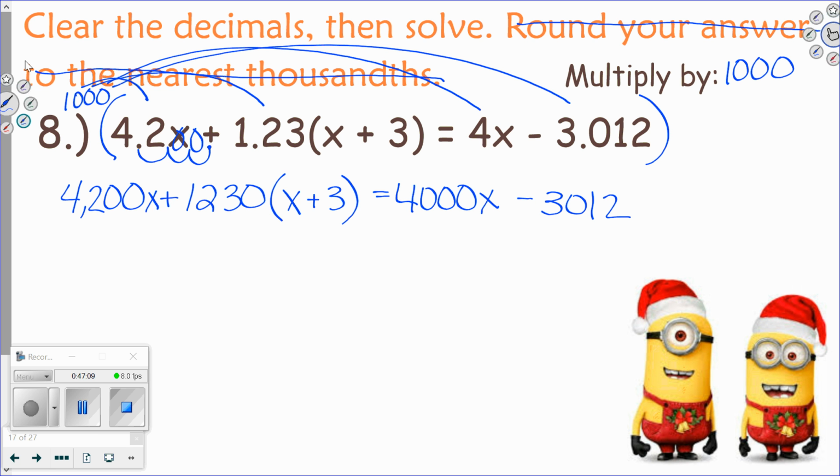So the only downside to clearing out decimals is sometimes your numbers get huge. So I'm gonna be real honest with you guys. Real world, if it's me working through a problem, not teaching a class, if there's decimals in it, me personally, I just do the problem with the decimals in it. But if I'm doing a problem and it has fractions in it, the first thing I will do is clear those fractions out.